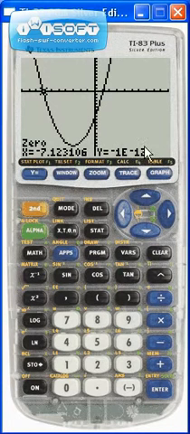Okay, same thing. In case you don't see a y equals 0 over here, negative 1, e, negative 12, this capital E means times 10 to the number that comes next. So negative 1 times 10 to the negative 12 is really negative 0.000, 12 zeros, and then a 1.